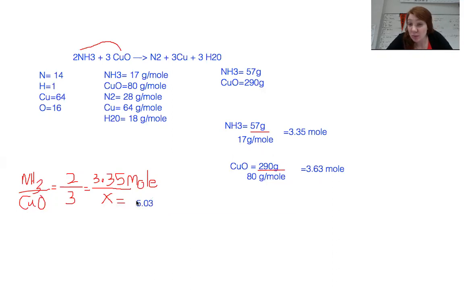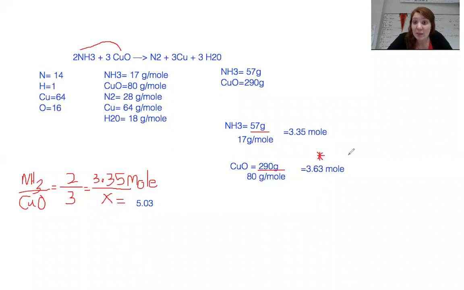That's what it should be according to the ratio in the reaction. But we can see that there is only 3.63. So we don't have enough copper oxide according to what we should have.